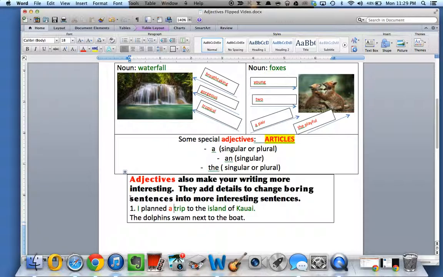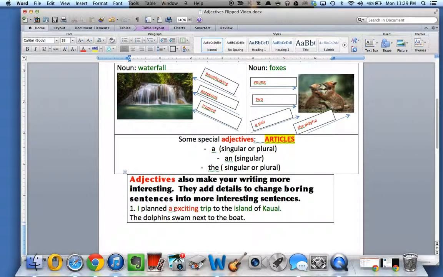I'm going to add the word, I planned an amazing trip or an exciting trip. Let's do exciting. And I'm going to change it red because I know it's an adjective because I described the trip. Now, do you notice something wrong here with my sentence?